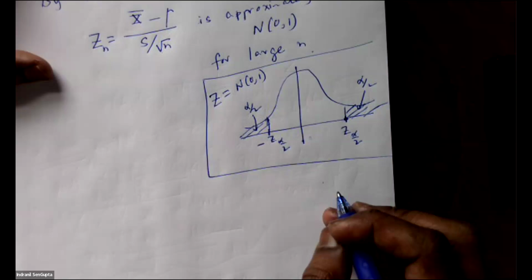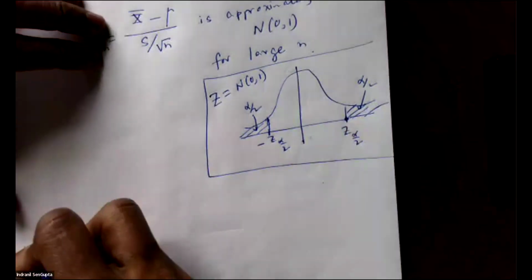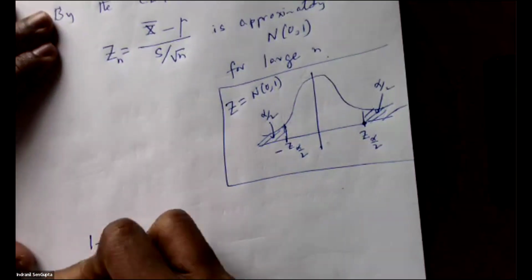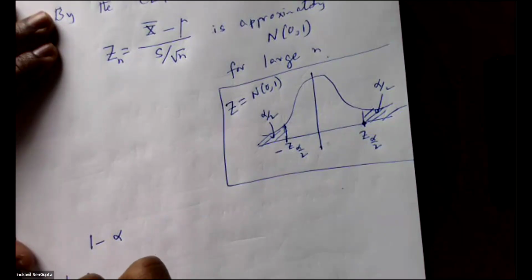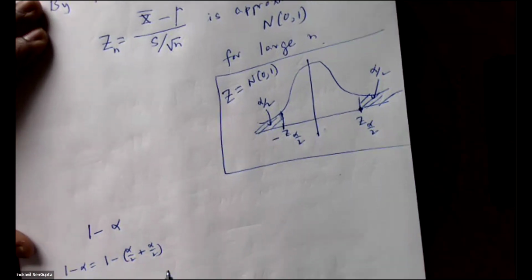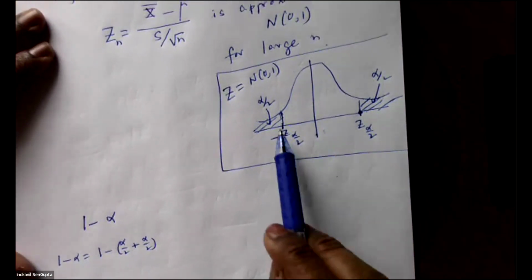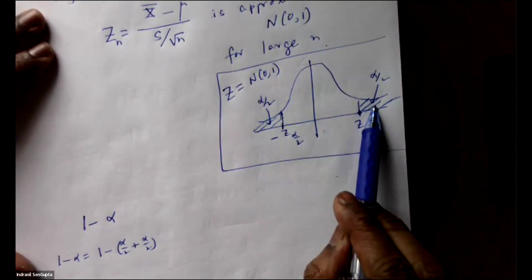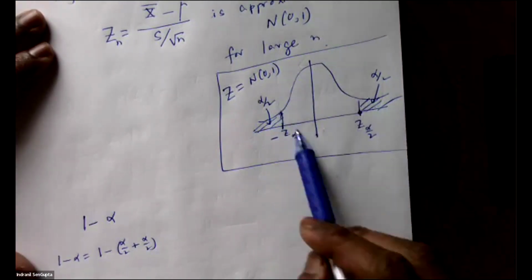What we have therefore, just like before: what is 1 minus alpha? Remember that 1 minus alpha is the same as 1 minus alpha over 2 and alpha over 2. That means I'm subtracting from 1 this area plus this area, so what I'm left with is this unshaded region.